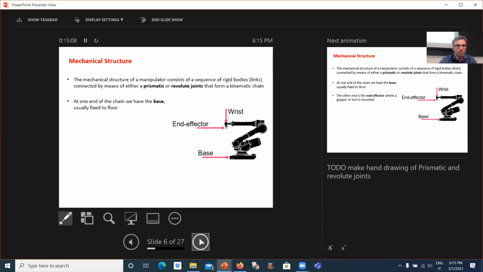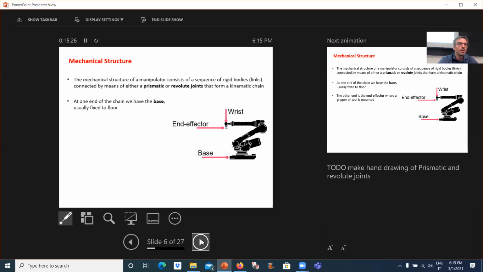We need to say that one joint allows only a motion between two links, so either linear or rotational, unless it's a spherical joint, but this is a specific class of joint we don't talk about.